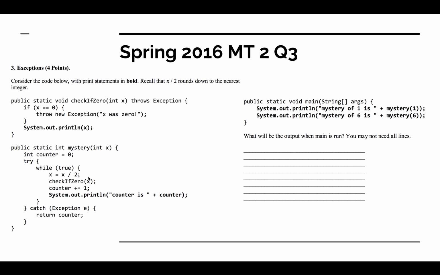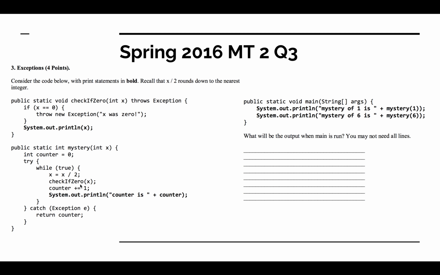You guys can just shout it out. 0. So then we go into check if 0, with x equal to 0, and we enter the if statement, and we throw new exception, x was 0. So we check to see if there's a try catch here, but there isn't. So we're going to go up and throw this error.